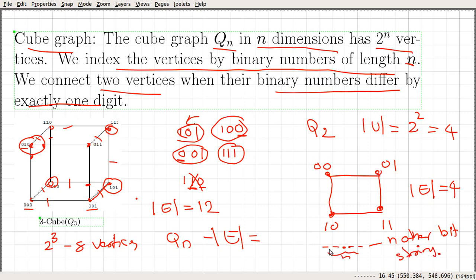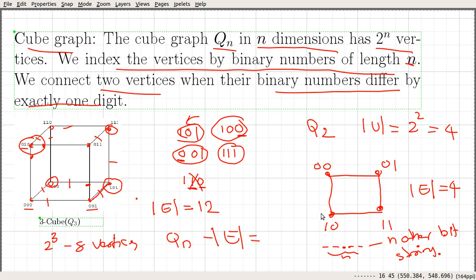Because what we can do is take a particular bit string and start flipping 1 bit at a time, and when you flip a bit, it will differ from the original bit string by exactly 1 bit. So if you fix a bit string, it will be connected to n other bit strings.